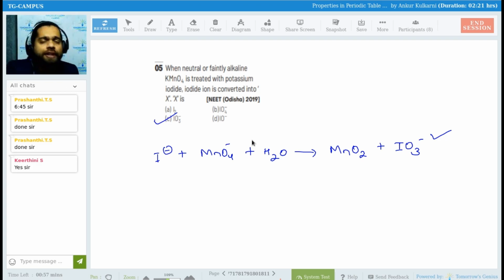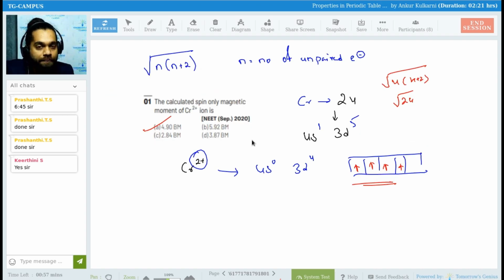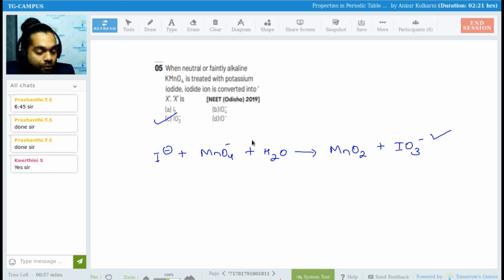Why your reactions are important, not that difficult. Just now we have done it, the last reaction itself. Straightforward. As it is, they have picked it up and asked in the exam. So that is why I am saying, if you do the reactions from NCERT, definitely you will have at least one reaction from there.